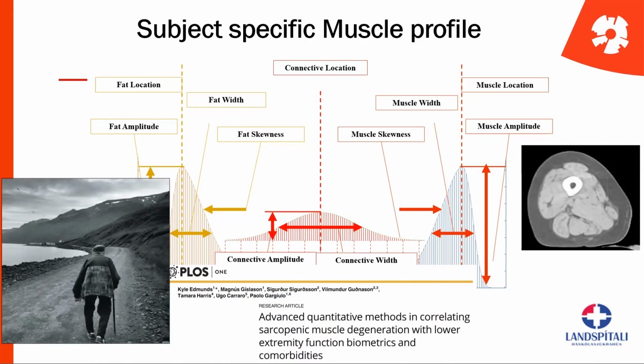For this application, we have been using a database called AGES, an Icelandic database that has been supported by the NIH in the United States, and they have been collecting many thousands of parameters, mostly with the goal of finding metrics for cardiovascular risk.